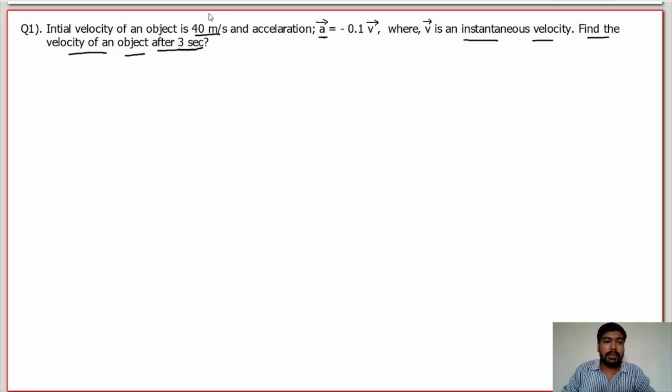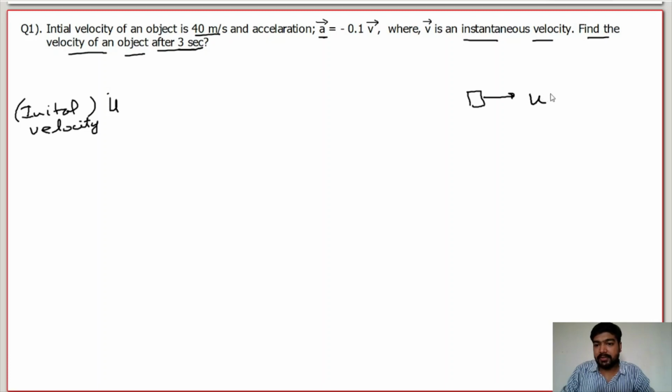So firstly, we will write what is given. We will represent the initial velocity as u. I consider that there is an object moving in the positive x direction.